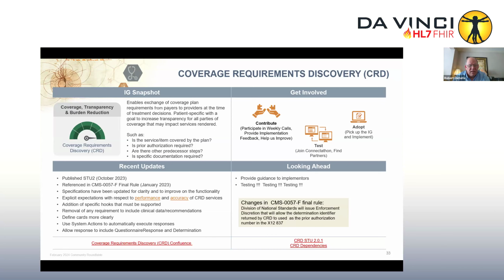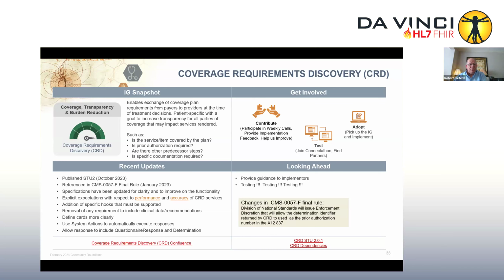We have indicated how to populate that coverage information extension on any particular service. And we required the ability to use system actions to support automatically performing certain actions, such as attaching that to the service or being able to start up the next step, documentation, templates, and rules.